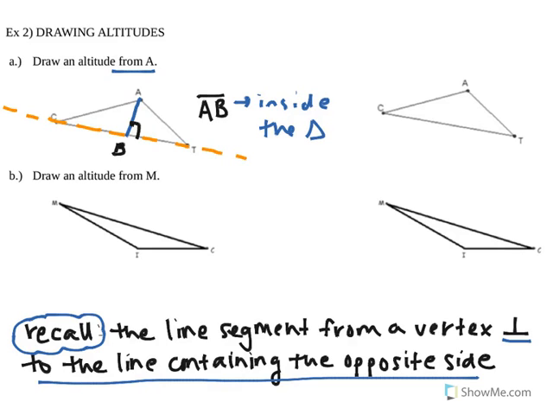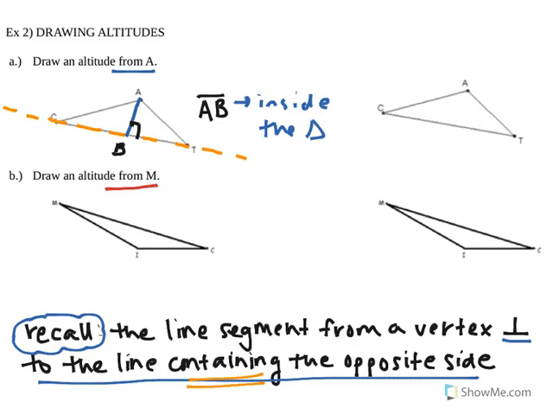And if we look at part B of this example, you'll see why I'm pointing that out. So looking at part B, I'm kind of confused because it says draw an altitude from M, but M is way over here, and I can't really figure out how I'm going to draw my altitude. And this is where that second part of the definition, to the line containing the opposite side, is super important.